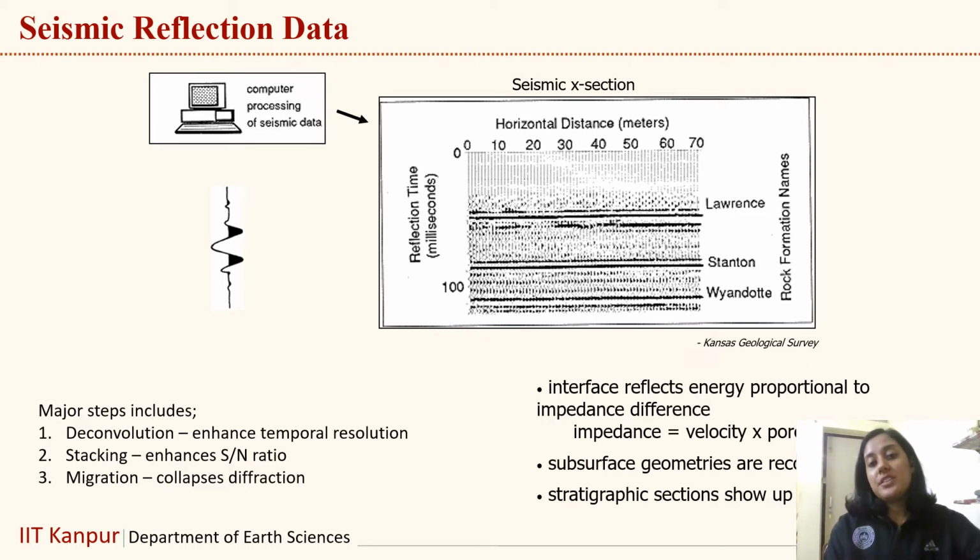But this information is not sufficient if we want to understand the subsurface structure, or do reservoir characterization for the oil and gas industry. So we need an inversion scheme to get the elastic parameters of the subsurface, meaning impedance, porosity, permeability, lambda, mu, Poisson's ratio.